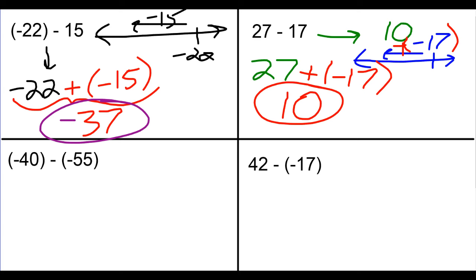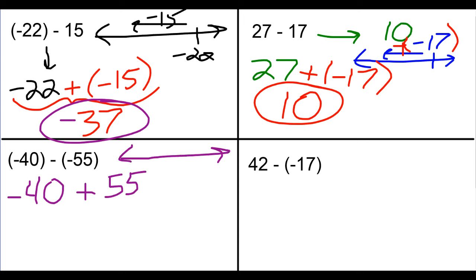Moving to the next one down here, this becomes negative 40. We're going to add the opposite of negative 55, which means we're going to add 55, because taking away a movement to the left is the same as moving to the right. Here's negative 40, which I'll write here in green. Now we're going to move 55 in the positive direction, which means we're going to end up passing 0.